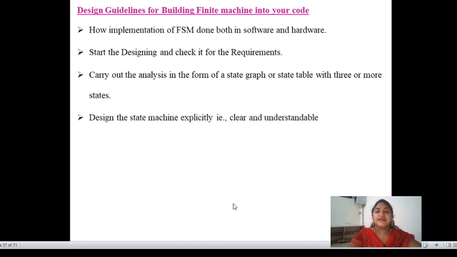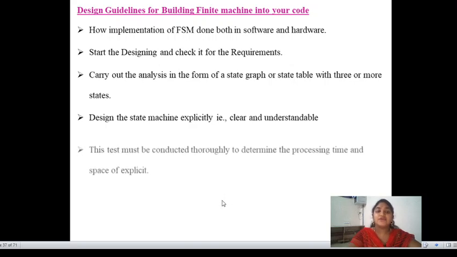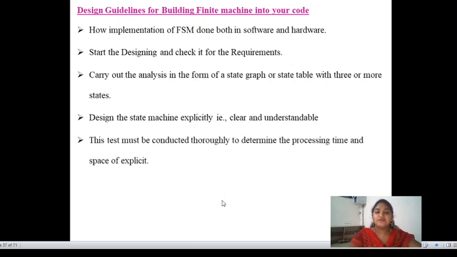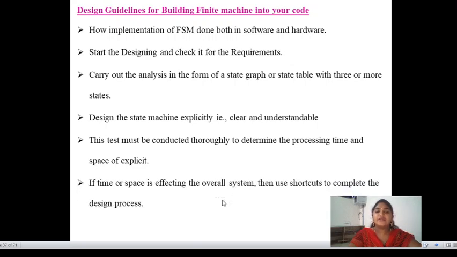Then design the state machine explicitly, clearly and understandably. The test must be conducted thoroughly to determine the process time and space of the explicit design. If time or space is affecting the overall system, then use shortcuts to complete the design process. Using shortcuts is the best way to implement the FSM in our program code. The last one is, if there are more than a dozen states, then construct a hierarchical design.